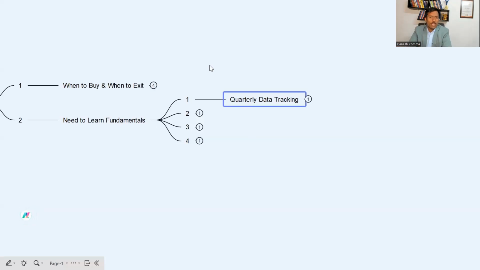You just open screener.in, enter Titan Limited, and compare the Q4 numbers of 2024 versus Q4 of 2023. It's mixed numbers. It's not too aggressive, and it did not meet the expectations of the analysts. That is why it's slowly becoming weaker.